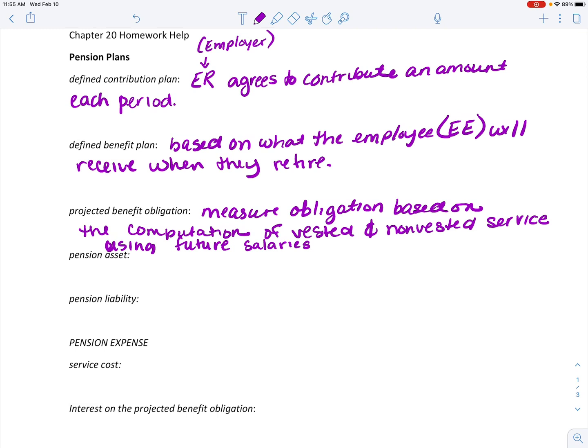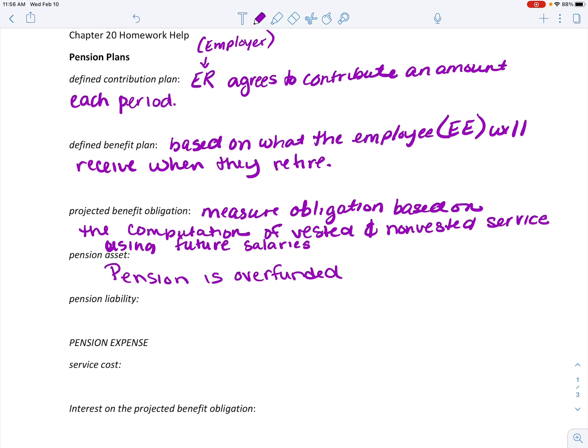A pension asset means that your pension is currently overfunded. And hopefully by now you kind of see that this is very complex. There's a lot that goes into this. So we will have a pension asset or a pension liability on these defined benefit plans because there are so many variables. So a pension asset, again, means a pension is overfunded.